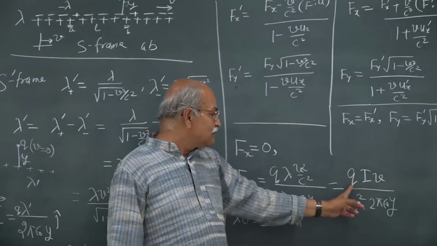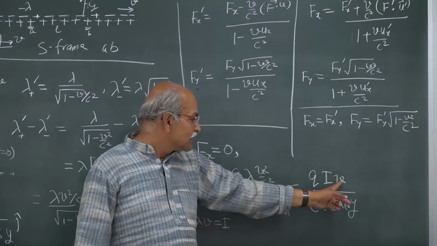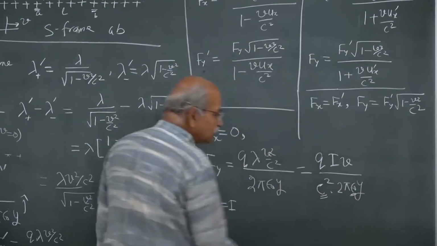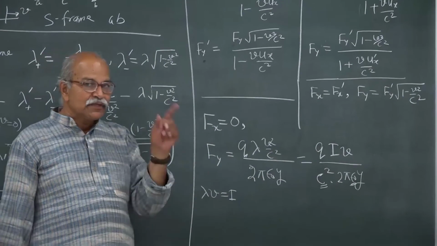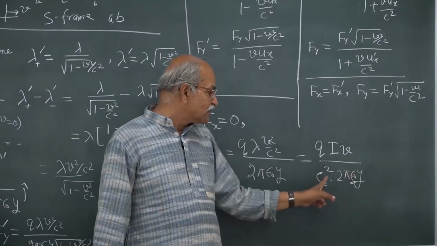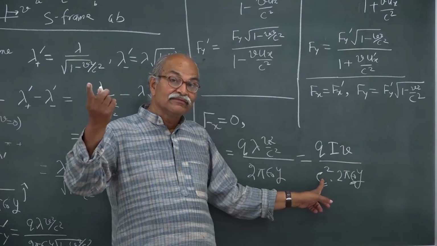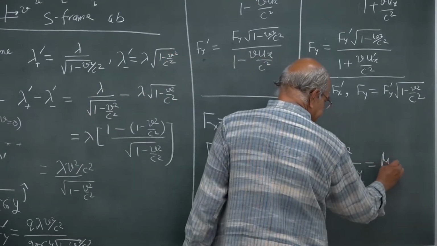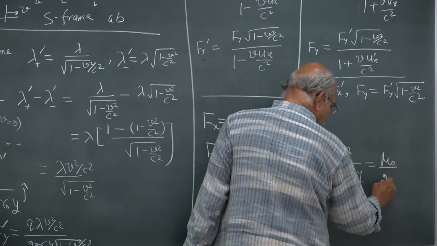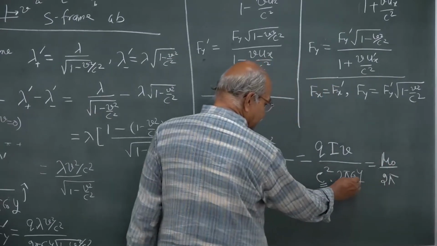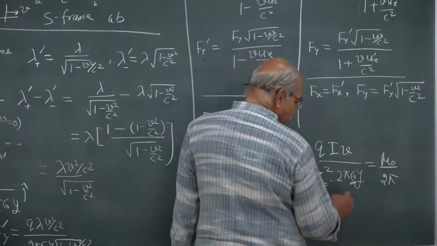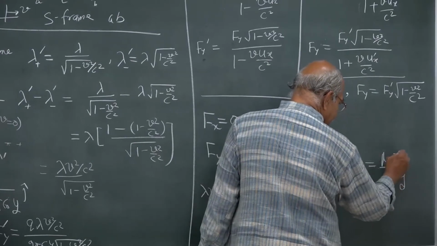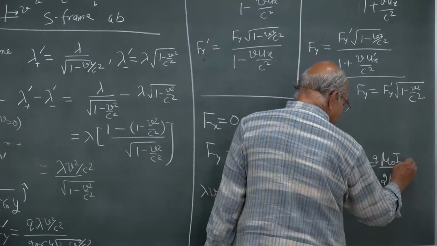So, q times v times I and 1 divided by epsilon naught c square, that is mu naught, and hence this is mu naught by 2 pi times y, and here I, and you have a q and you have a v.